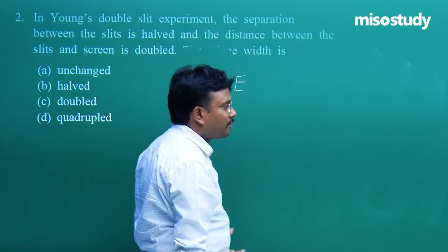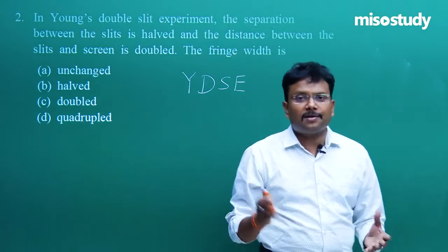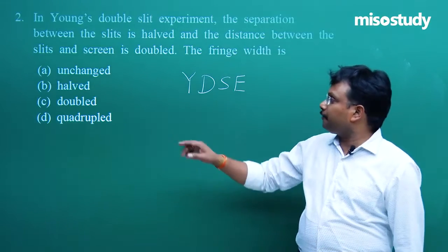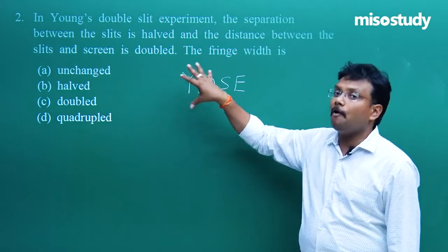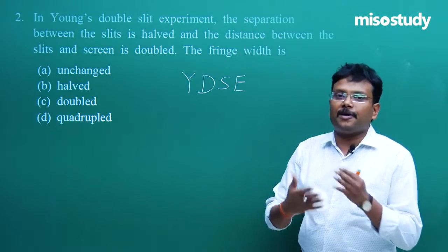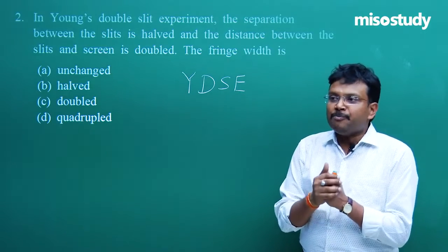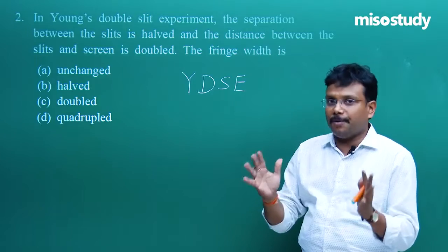It's the name of a scientist, as I explained during the discussion of the theoretical topics of this chapter. At that point of time, I explained to you that by Young's experimental setup, it has been proved that the phenomenon of interference is taking place. So it was like you were trying to prove, yes, these are waves. Fine.